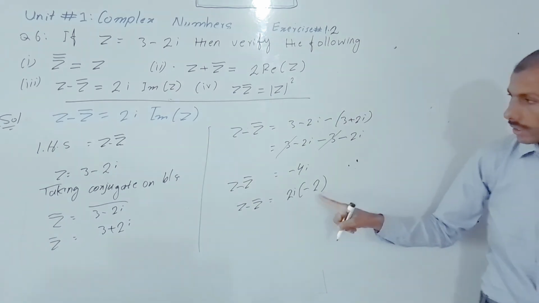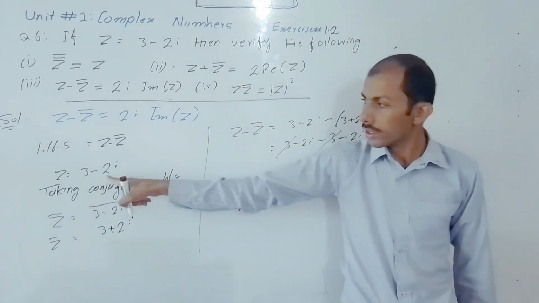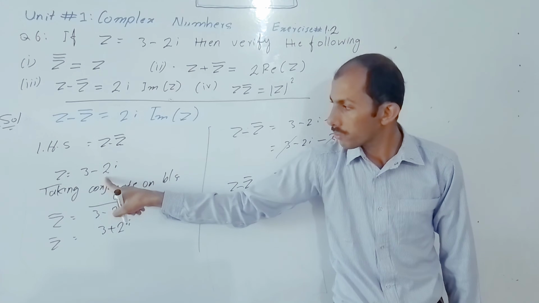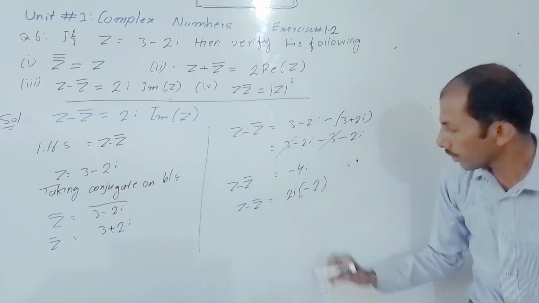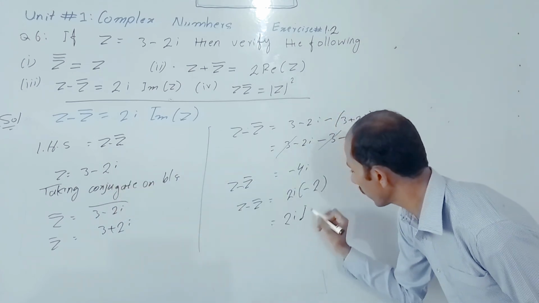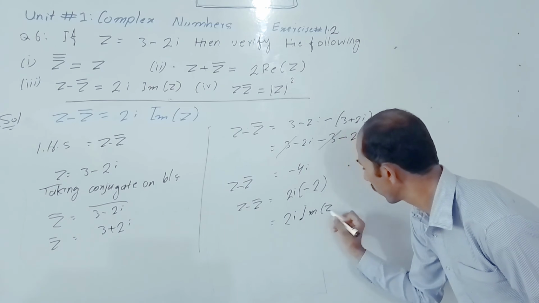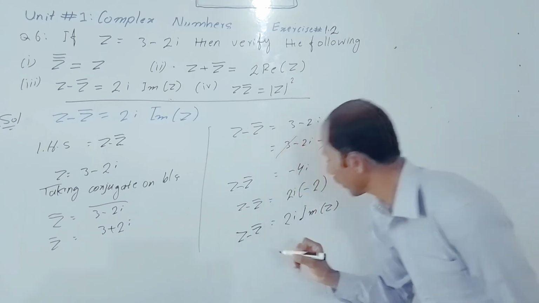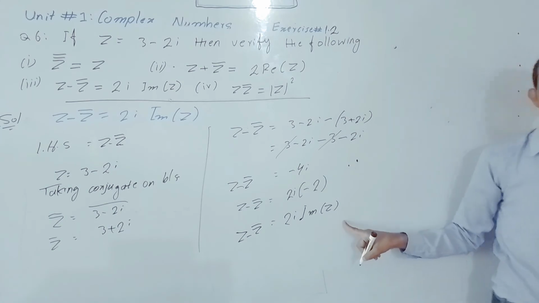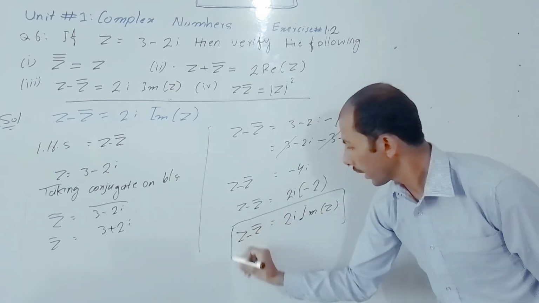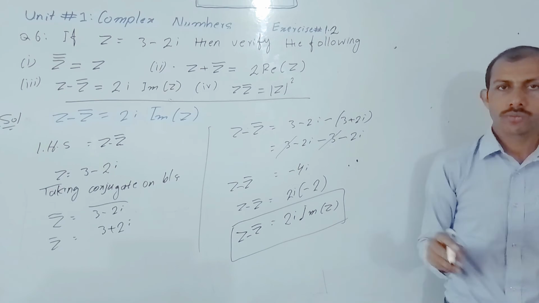So the imaginary part is minus 2. Real part is 3 and imaginary part is minus 2. So this form can also be written as 2i imaginary of z. So z minus z conjugate is equal to 2i imaginary of z. Hence proved.